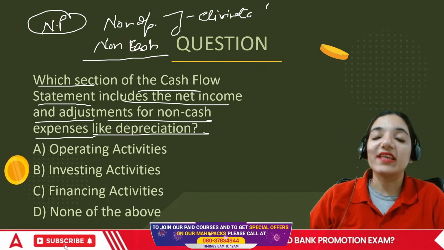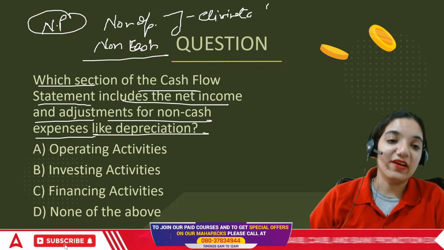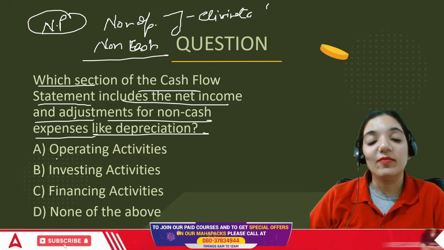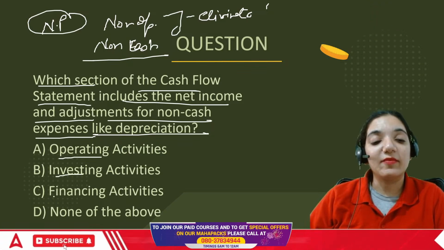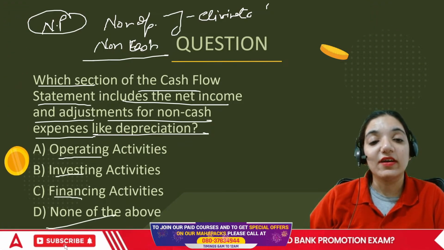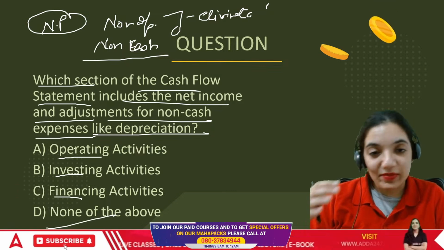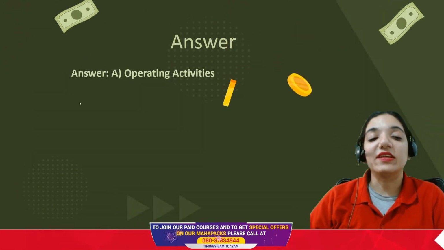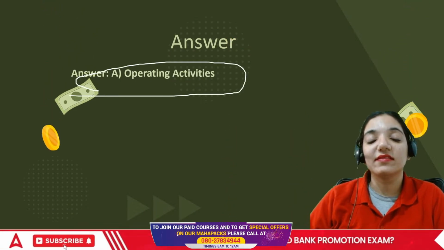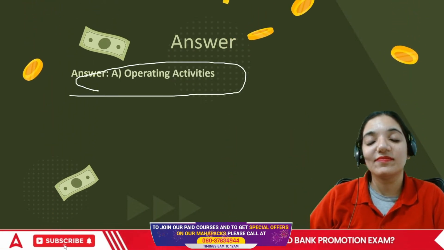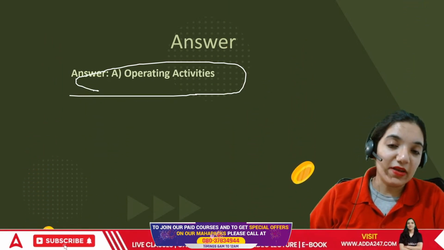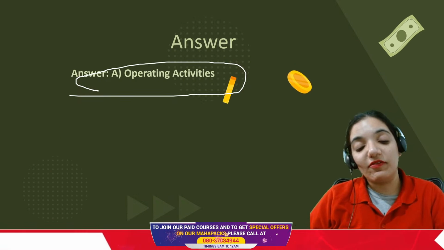If it's a non-operating expense, add it back. We are going to nullify the effect of that. Be it operating, investing, financing, or none of the above? This is all done in the area of operating activities. Done, everyone? Operating means the day-to-day working of an organization.